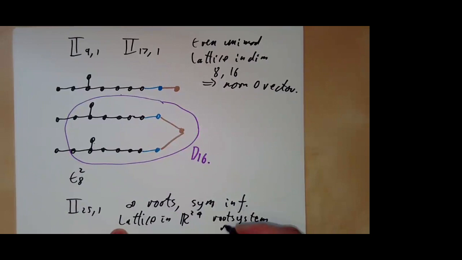And this is enough to show that the symmetry group of this is infinite. In fact, there's a unique lattice with this property, which is the Leech lattice. And its root system doesn't just have rank less than 24, its root system actually has rank 0. So it fails in a rather drastic way to have a root system of rank 24. So the existence of the Leech lattice shows that the Dynkin diagram in this case is infinite.